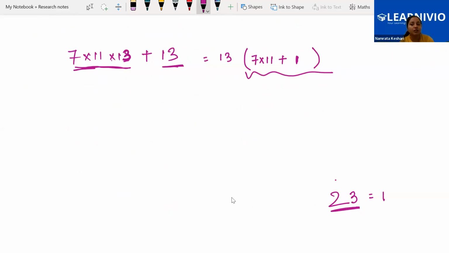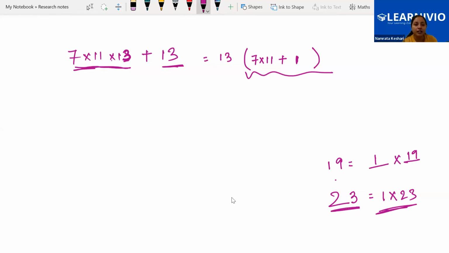There is only one way to write it, 1 into 23. If we take a prime number 19 and factorize it, there will be no two numbers which multiply together to give 19 apart from 1 into 19, right?